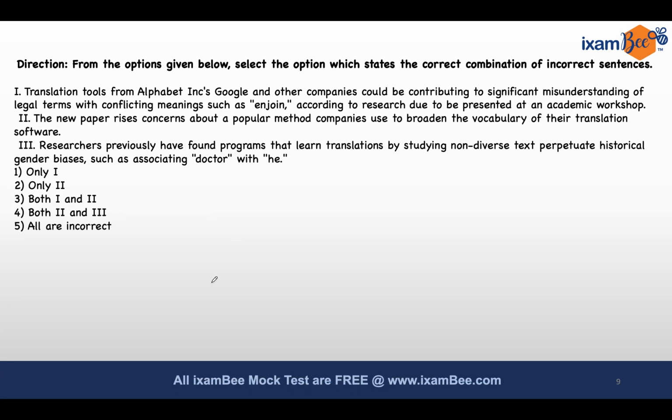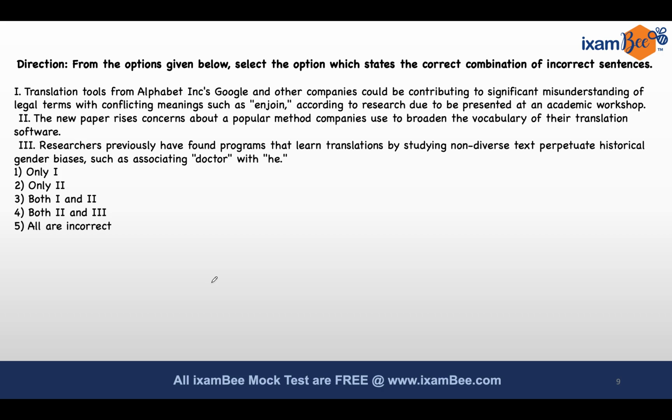Let's look at the third one. Here we have three separate sentences, right? We need to look for the sentence that is incorrect. Three separate sentences. You need to look for the one that is incorrect. It can be only one, only two, one and two, or two and three, or all can be incorrect.